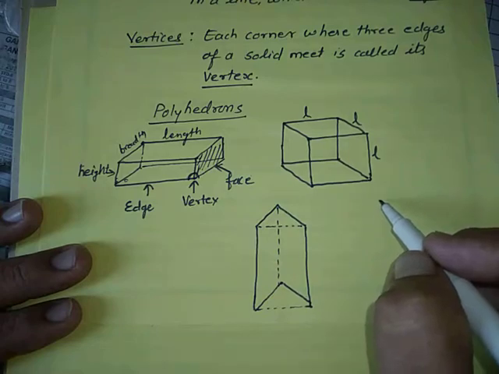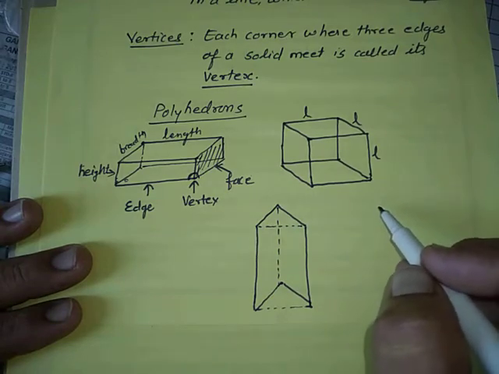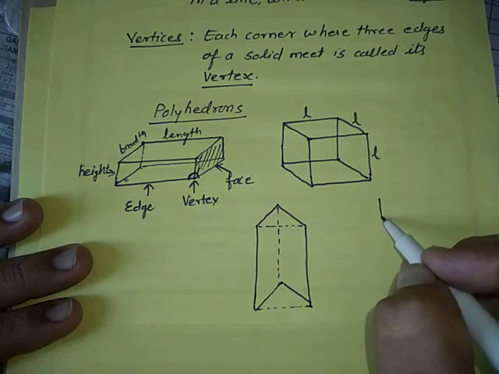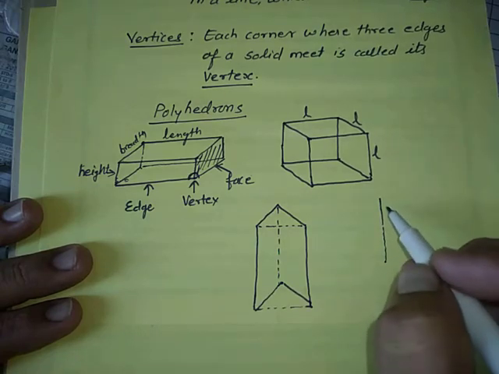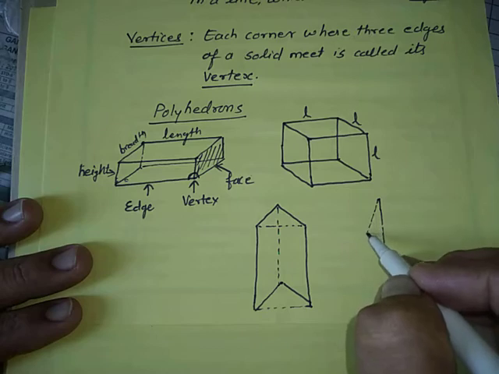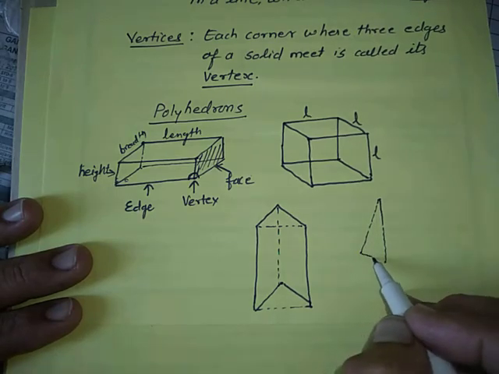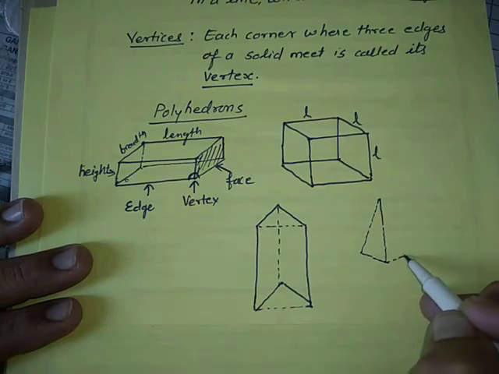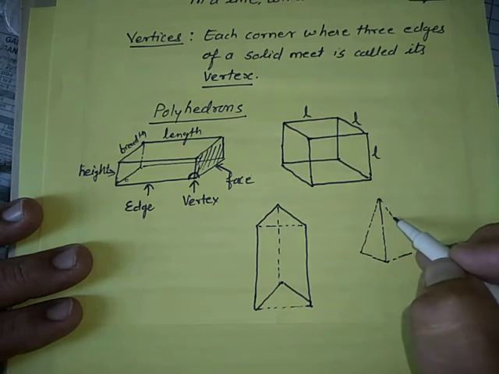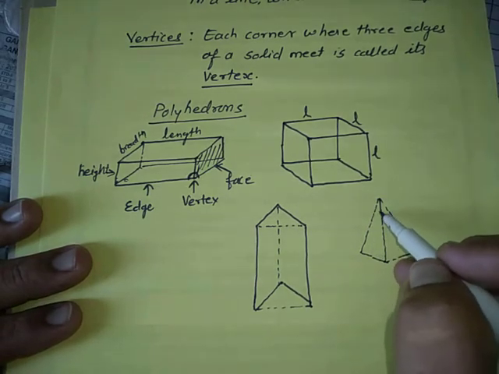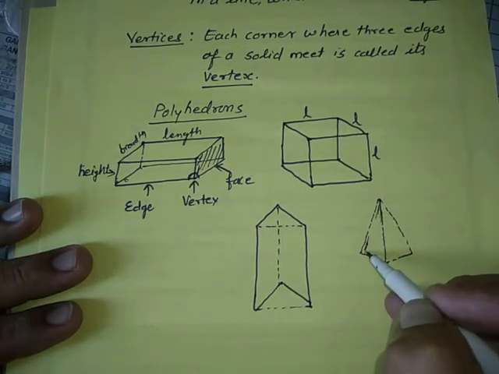Then let us see a triangular prism also. There are different polyhedrons in which you can find edges and all the different things. Clear.